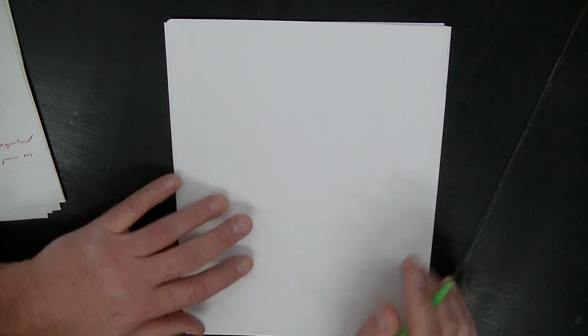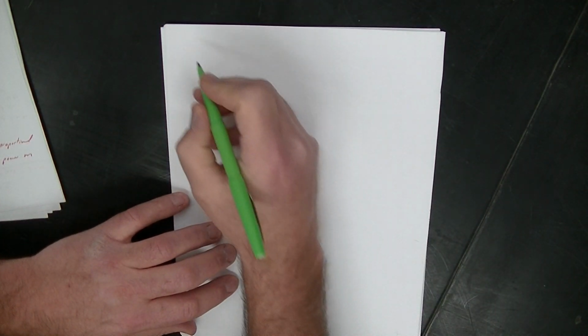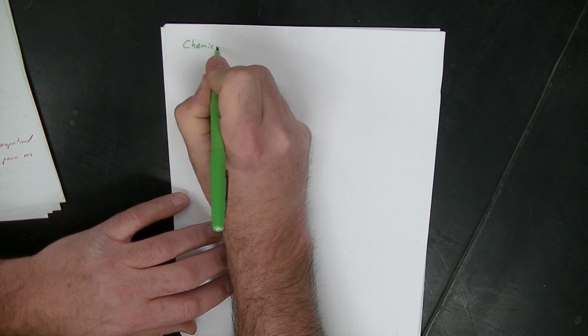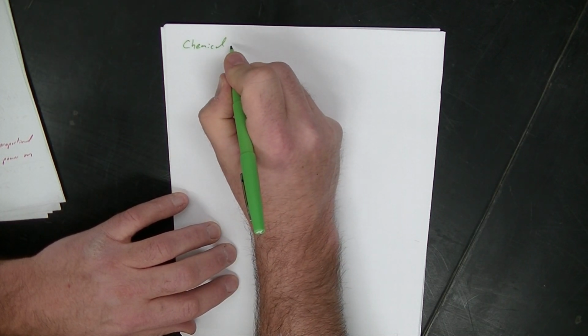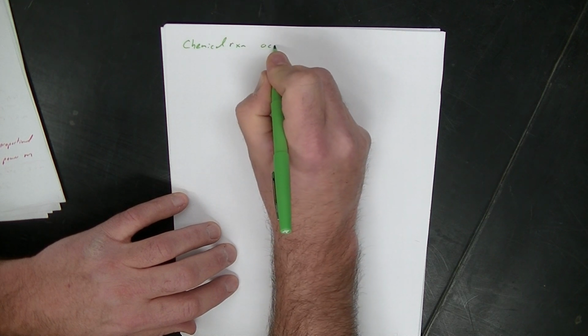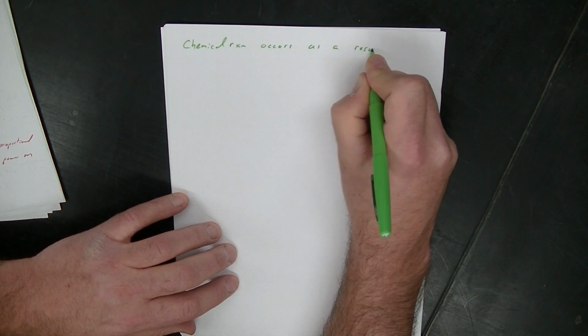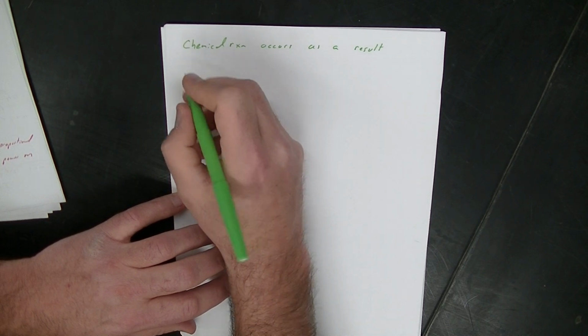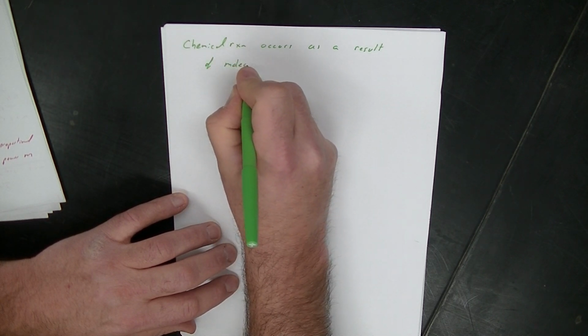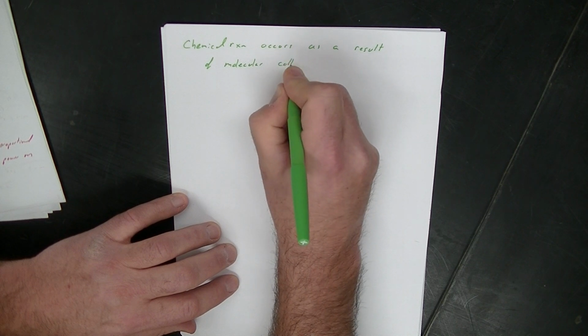Last class we started to talk about reaction rates and calculating instantaneous rates and calculating average rates, and we're going to expand on that a little bit. So, as we've said before, we know a chemical reaction occurs as a result of molecular collisions.